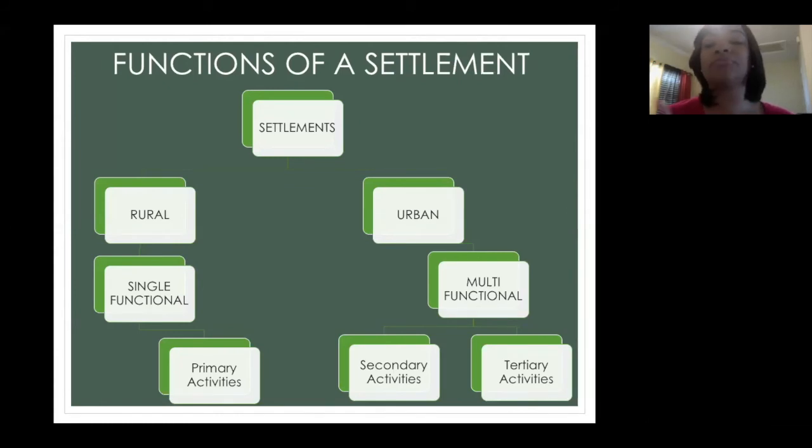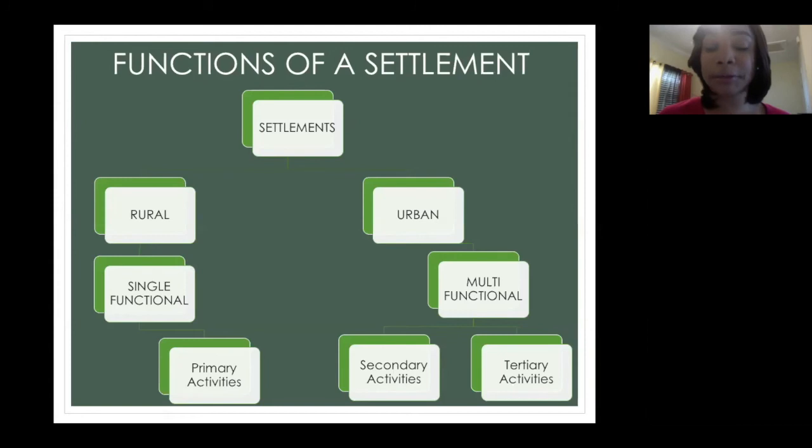Remember, in a lot of those rural areas that we looked at, you see a lot of farmland, okay? Some of those primary activities that you're going to see happening in your rural areas, has anyone ever done industries before? We can look at some of the different industries that you can find in your rural areas.